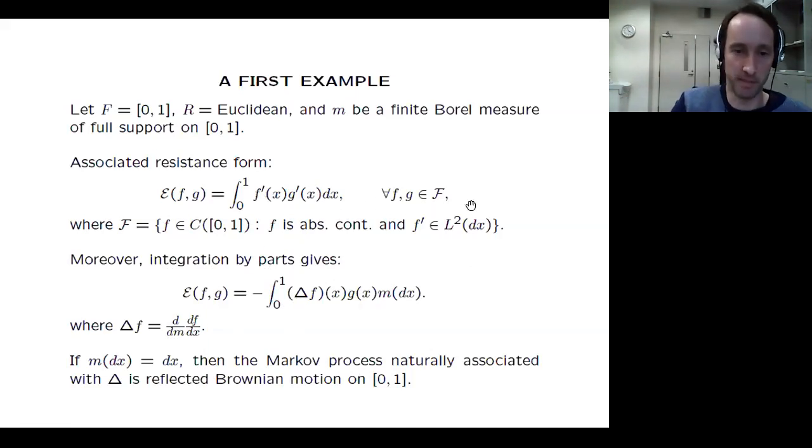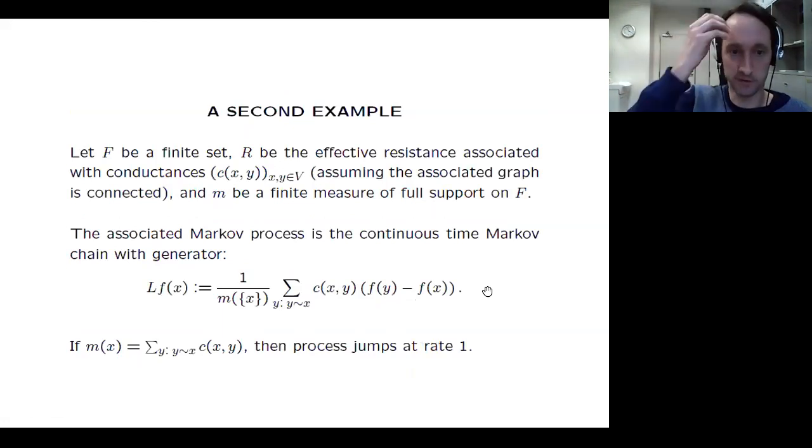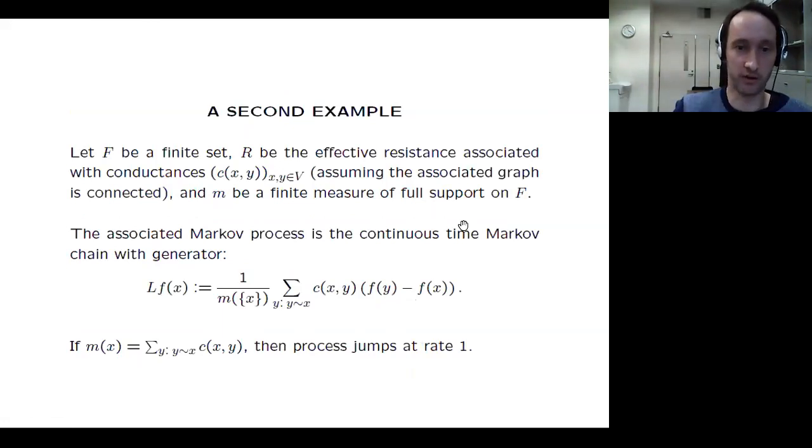And with the boundary conditions up and down, in this compact case, we get Brownian motion on [0,1], but if we look at the locally compact case, we can also construct Brownian motion on the whole line in this way. The second example is, of course, if we have the resistance metric on a graph, then we just get the continuous time Markov chain that we want.